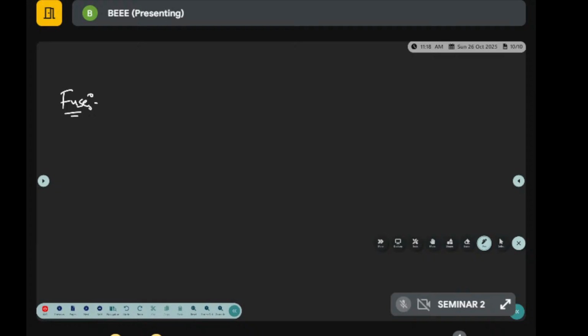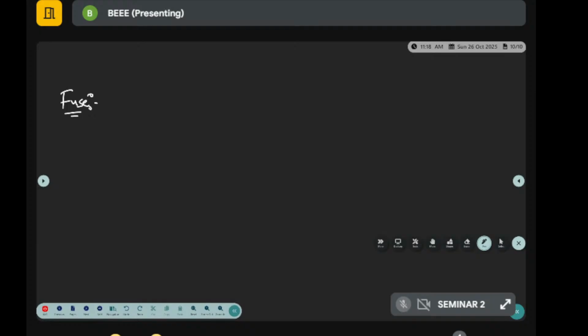Geyser costs 1500 or 2000, but the bill is 100 rupees. Don't use electrical heater, use geyser. This is the other one to reduce the electrical bill. Three are over, three is enough. So these are the 3 points to reduce the electrical bill.